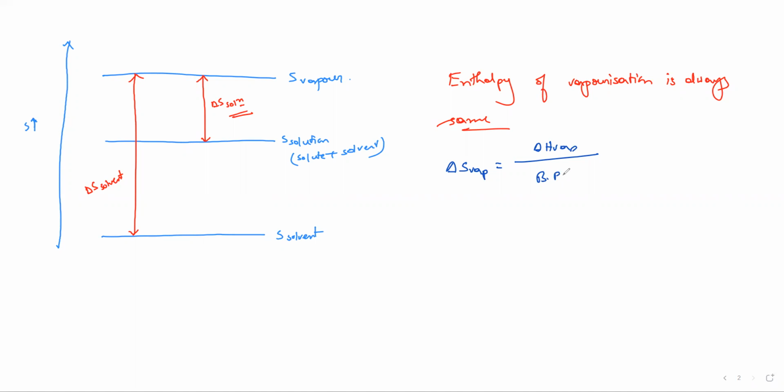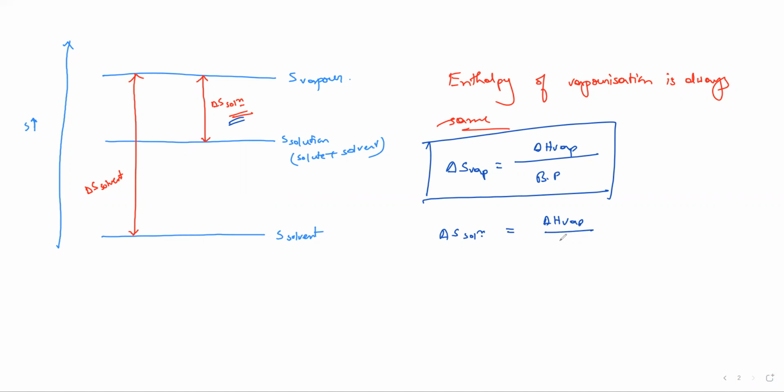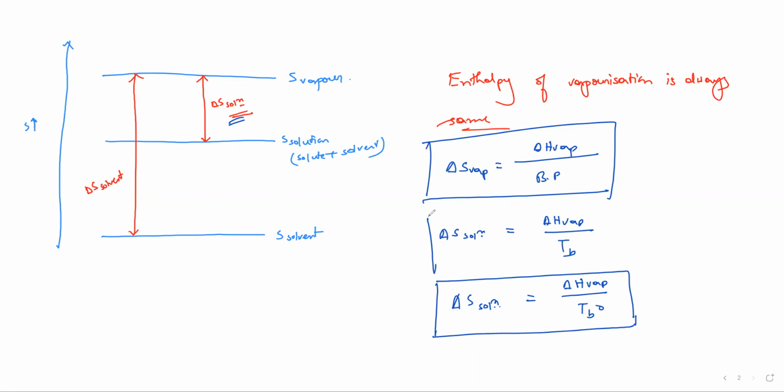This is a normal formula. Now if you apply this, you can write del S of solution equals del H vaporization over TB, and del S of solvent equals del H vaporization over TB naught. Now here, look, this value is the same.